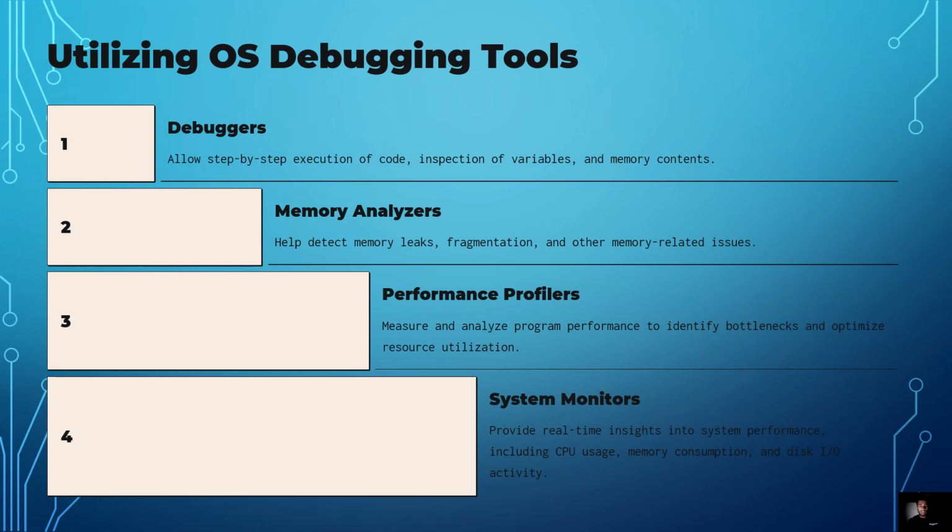Performance profilers measure and analyze programs' performance to identify bottlenecks and optimize resource utilization. System monitors provide real-time insights into system performance, including CPU usage, memory consumption, and disk input and output activity.